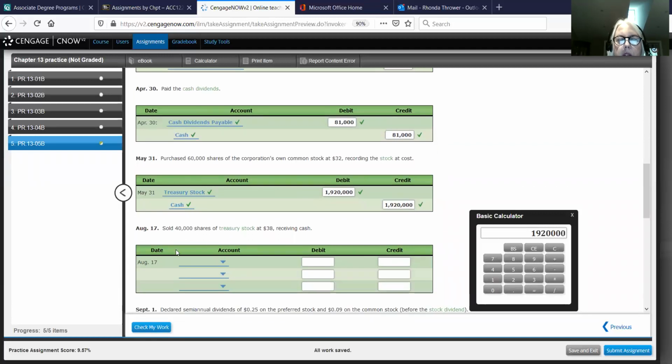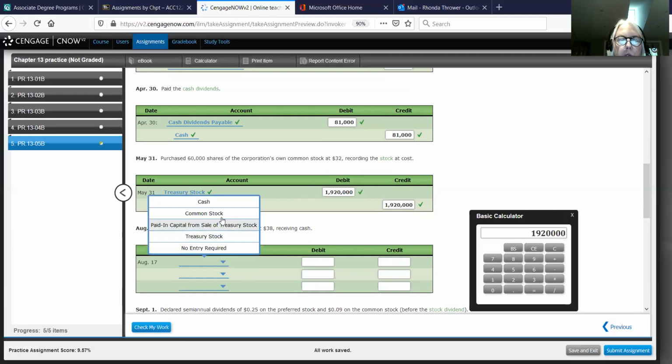In the next transaction, we actually sold some of the treasury stock that we purchased on May the 31st. We sold it at $38. Notice the cost of that stock was $32. So we had a profit, or we increased our paid-in capital from the sale of treasury stock by the difference.